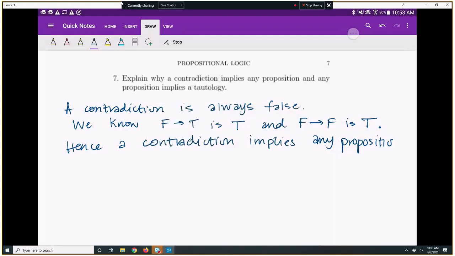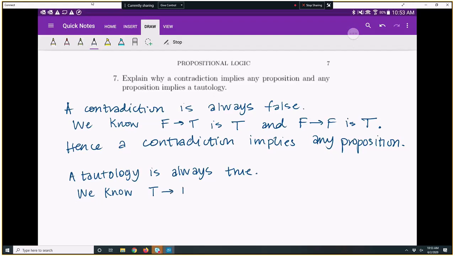Now the second part says, explain why any proposition implies a tautology. Well, we know a tautology is always true, meaning in the truth table, all of the truth values will be true. And we know that true implies true is true.